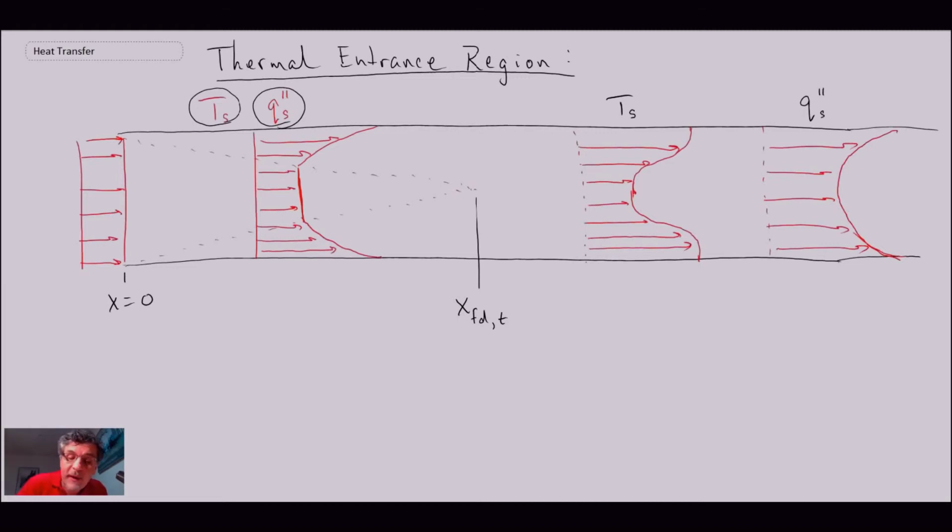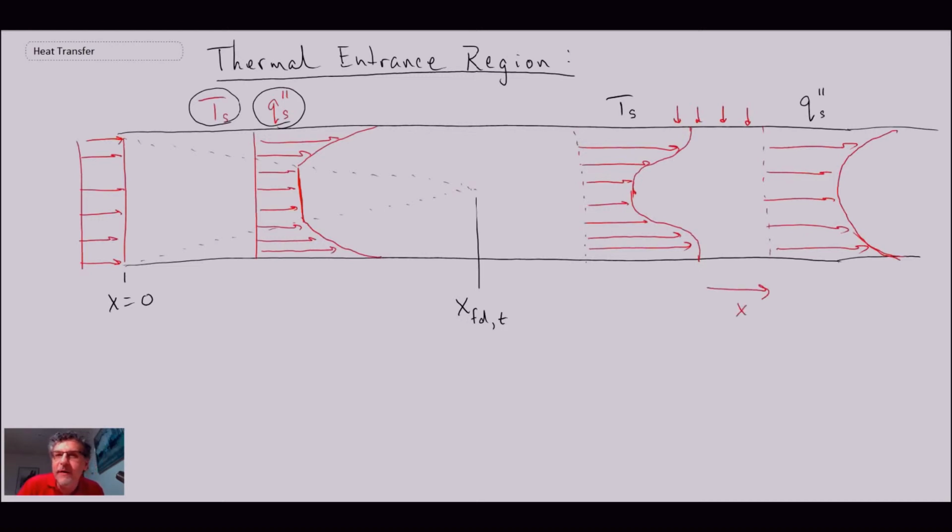Now the thing about the thermal boundary layer and the temperature profile is that if we continue to add energy, either through a constant temperature boundary condition or constant heat flux, this temperature profile will continue to change as we continue to move in the x direction.